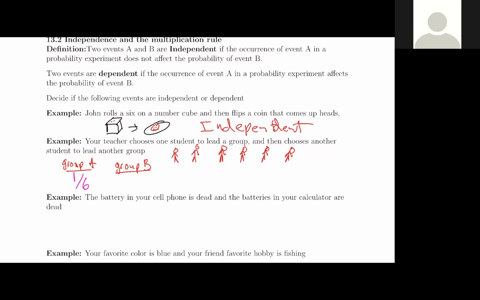So the probability that I choose somebody to be the leader for group A is 1 out of 6. So say I choose this person to be the leader for group A. So now I have to choose a leader for group B. Is it possible that this person could be the leader for both groups?